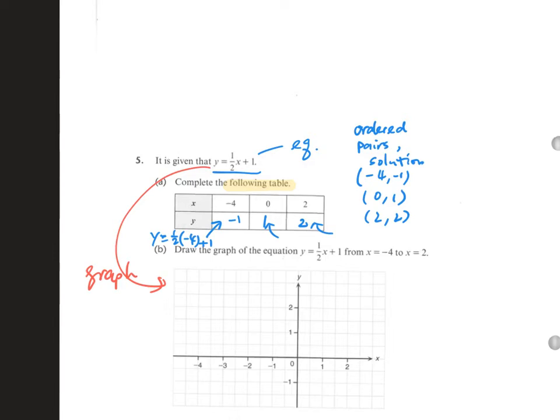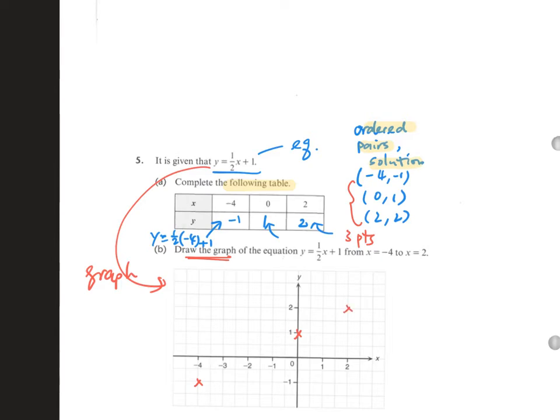So we talk about ordered pairs, solutions, and now the third understanding of it is that each of them is also a point on the diagram. So as a result, if you want to draw the graph of the equation, you can plot the points: minus 4, minus 1; 0, 1; and 2, 2.